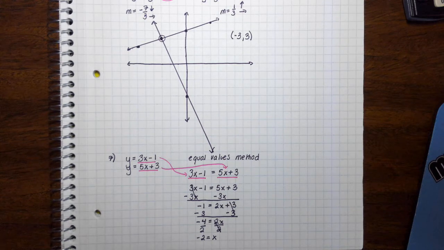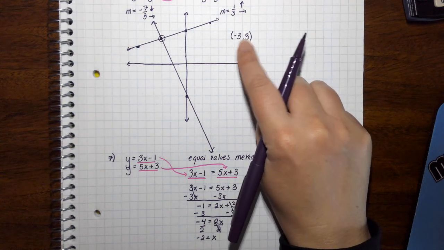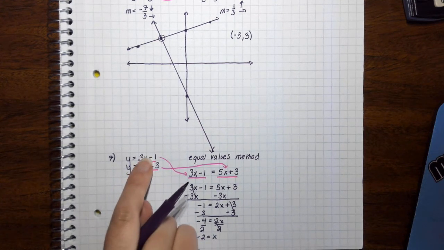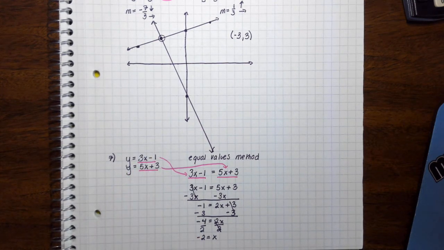Okay, so this is only half done, because notice the answer here was an xy coordinate, so we need to find y. Well, how I'm going to find y is by taking x and plugging it back into one of the two equations. It doesn't matter which one, I'm just going to plug it back into the first one.